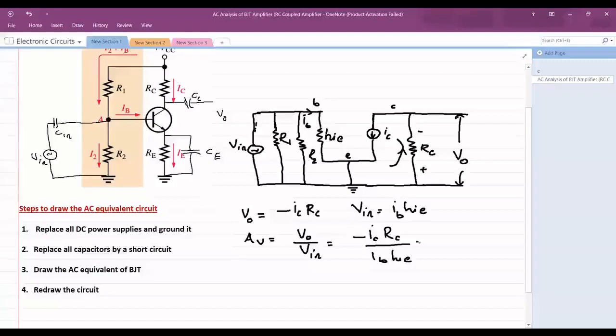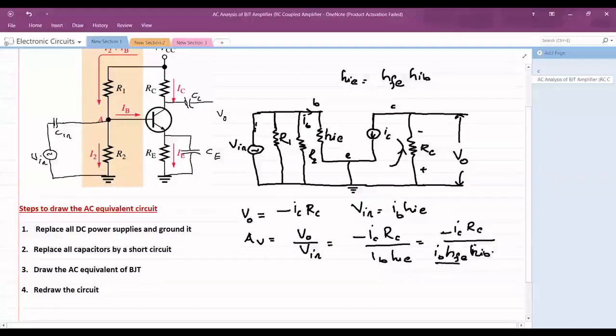Now, we know that the common emitter input impedance HIE is equal to HFE, that is common emitter current gain, into HIB, common base input impedance. So substituting for HIE in the gain expression, we get minus IC into RC divided by HFE into HIB into IB.